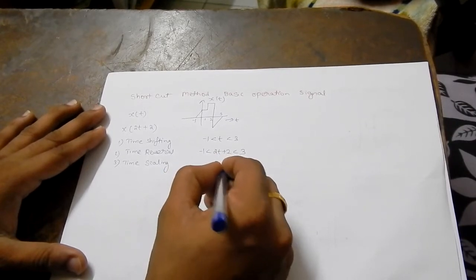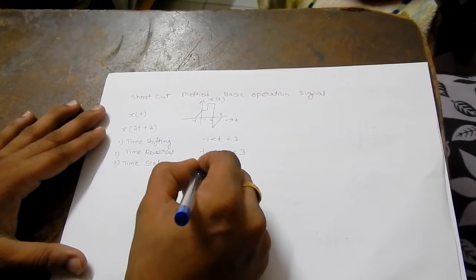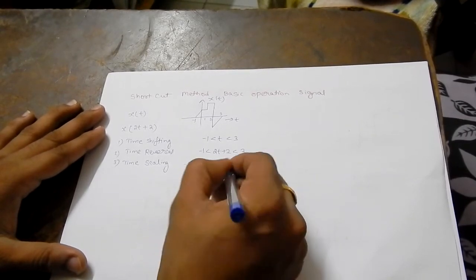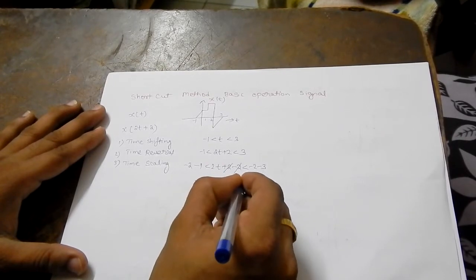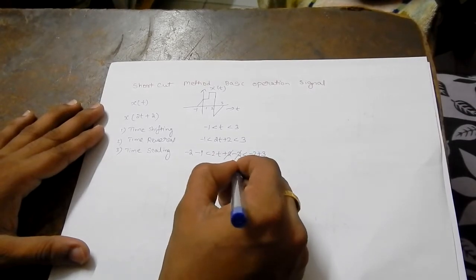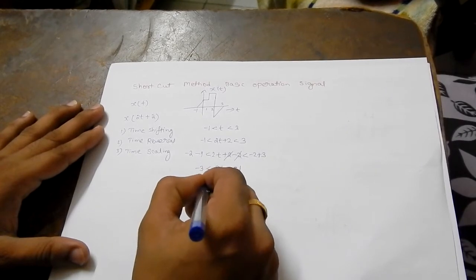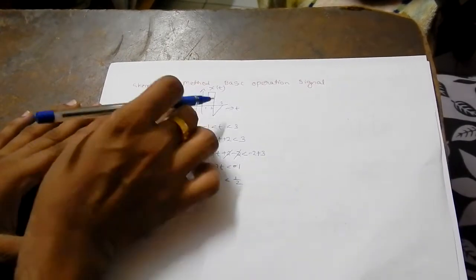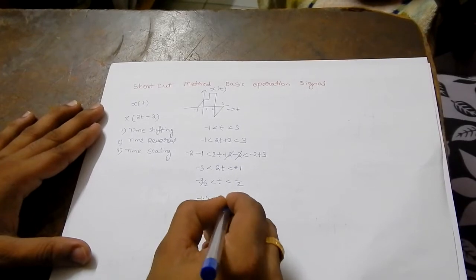So we subtract 2 from the entire expression: minus 3 less than 2t less than 3 minus 2, that is 1. Now we divide by 2. This is minus 3 by 2 less than t less than 1 by 2. So these are the limits for x of 2t plus 2, that is minus 1.5 less than t less than 0.5.